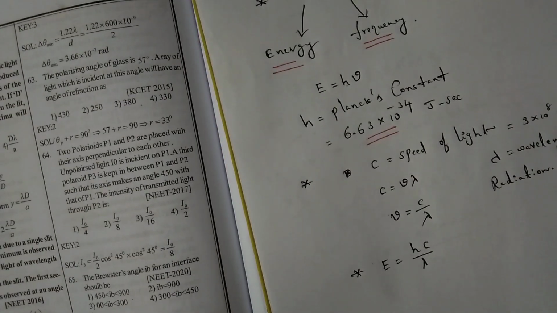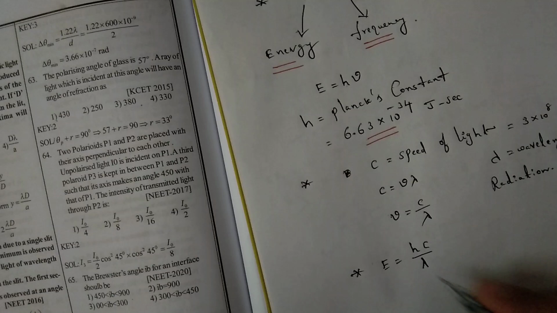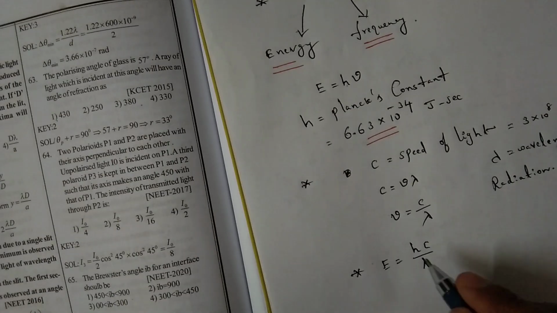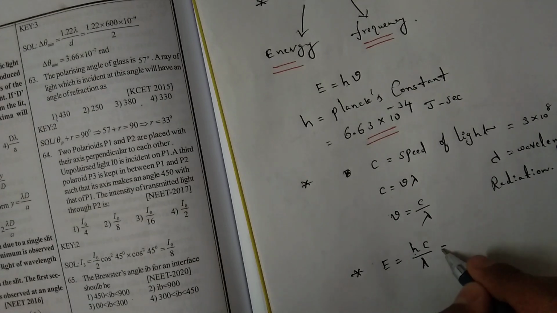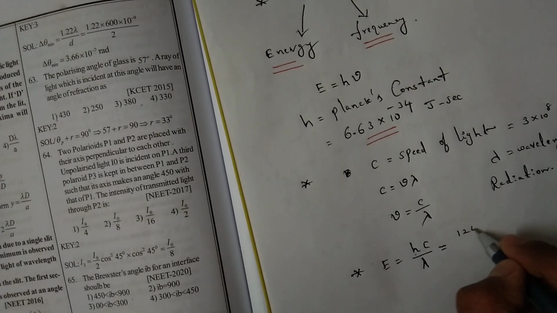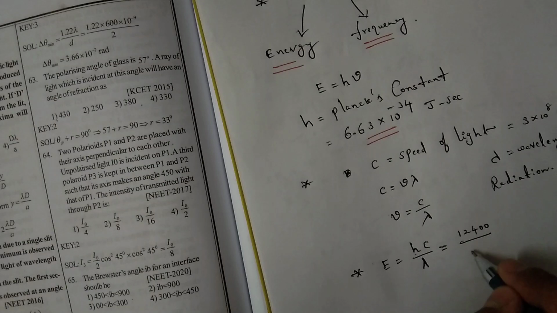E is equal to hc by lambda. This is another formula. If you substitute the h value and c value, since h is a constant and c is also a constant, you will get this value in the form of 12,400 by lambda.